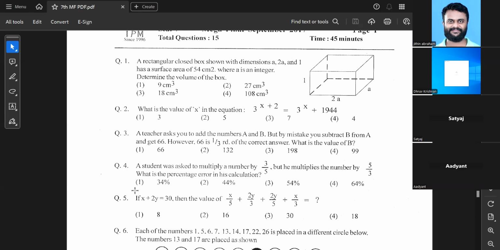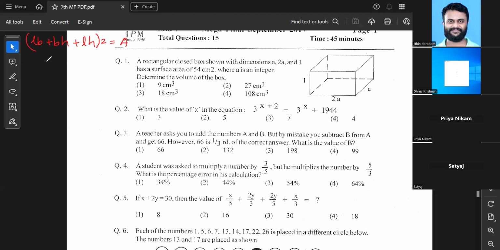So how it works? Surface area is given as 54. Surface area is basically LB plus BH plus LH, multiplied by 2. This is the surface area. I hope this is known to you, right? Yes.